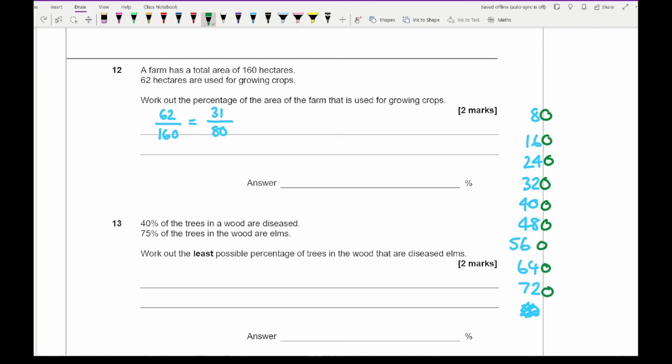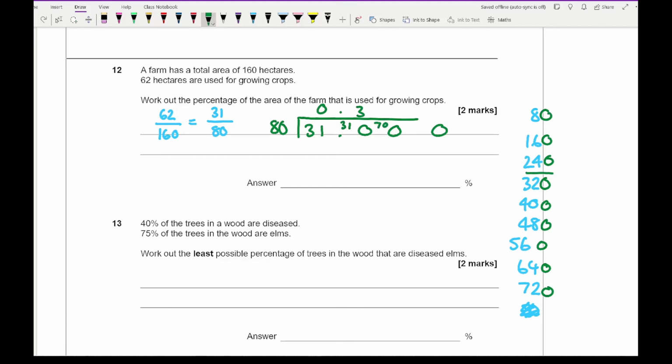So then 31 over 80, so 80 into 31, and I'm definitely going to have some zeros in there. So 80 doesn't go into 31, so it's 0 point, and then I'm just going to add a 0 to make 310. Now 310 is 240, so that's 3 lots. And then what's the remainder going to be? Well, it's going to be 70.